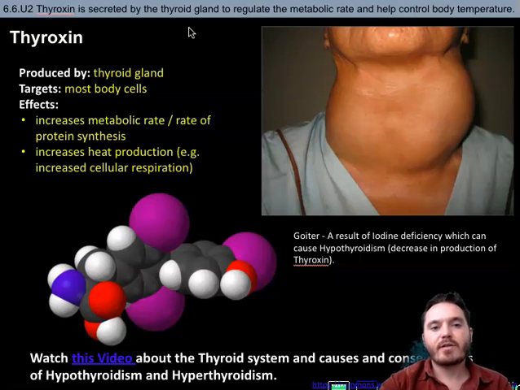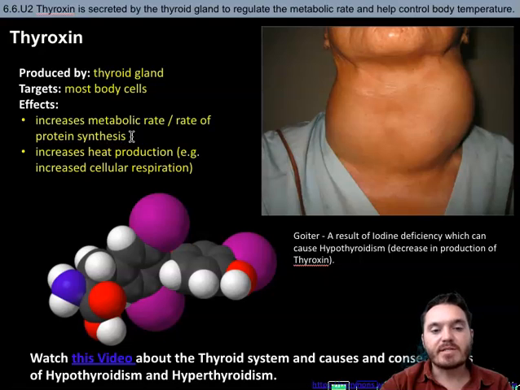Here's that other gland that we were talking about. This would be the hormone secreting cells in the thyroid gland, the butterfly-shaped gland. They are targeting most body cells because most body cells are going through metabolism. What thyroxine does, which is the hormone secreted by the thyroid gland, is regulate metabolic rate and control body temperature.